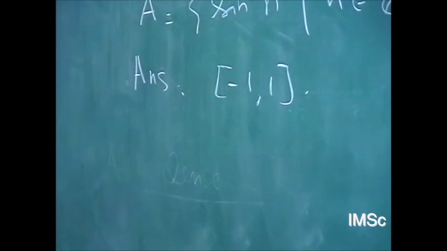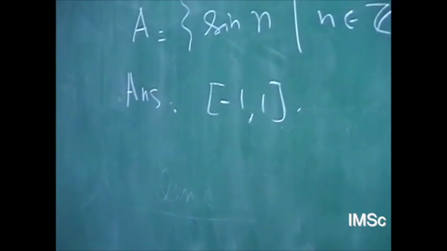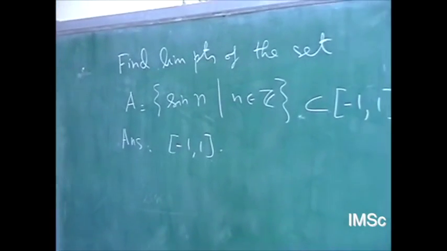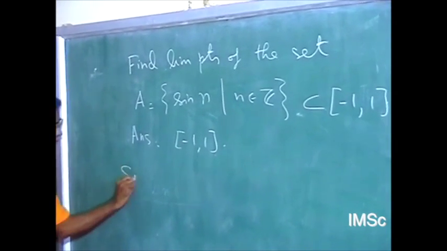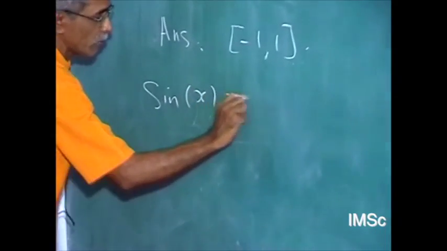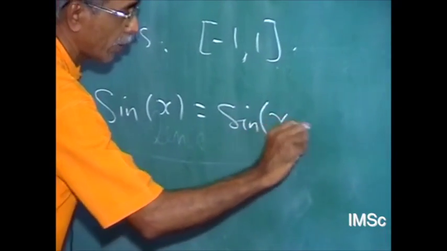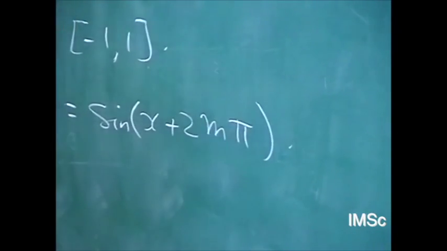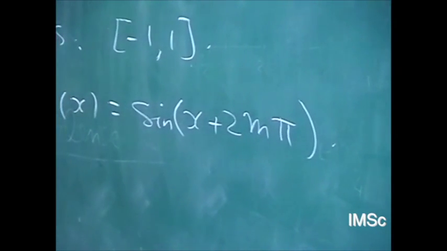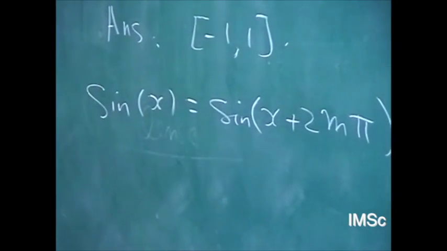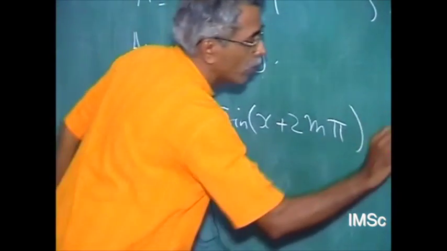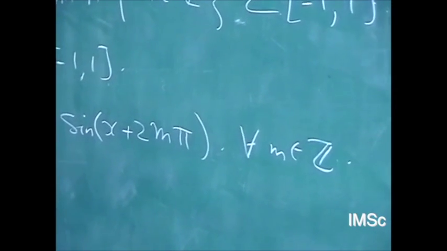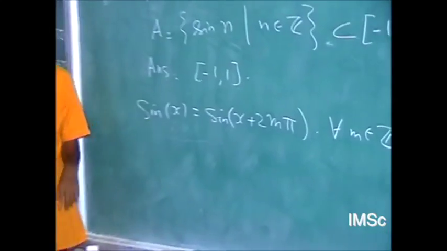Why? Now, the way to view this problem is the following. Sine is a periodic function, correct? So sin x is equal to sin of x plus 2m pi, for any integer m. In place of x you write n.